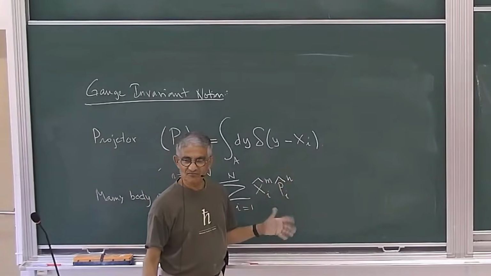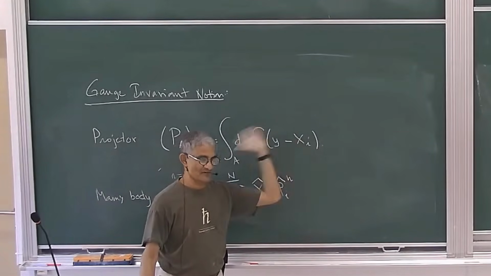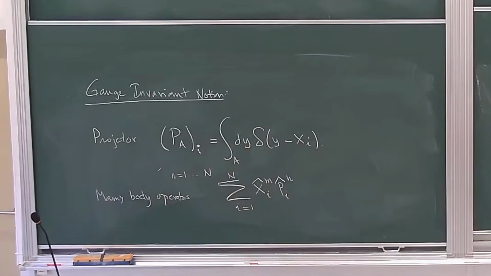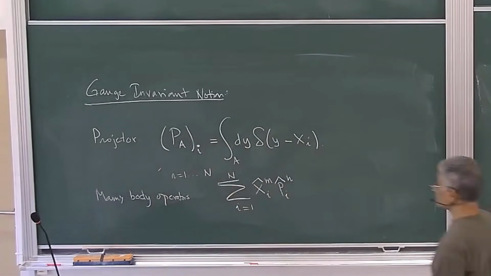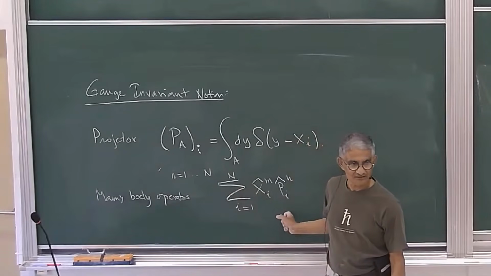I have ordered in some particular way, but if you want a different ordering, use the commutation relations to reduce it like this. It's a many-body operator because you just sum over all the particles.